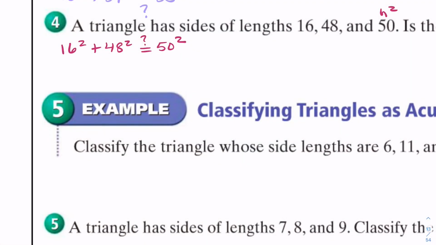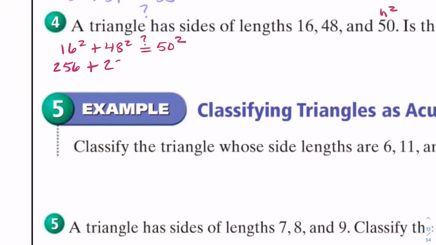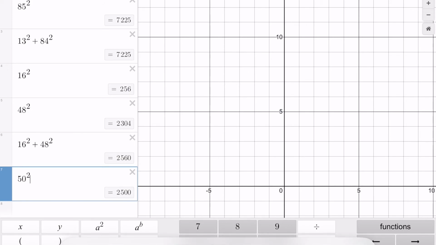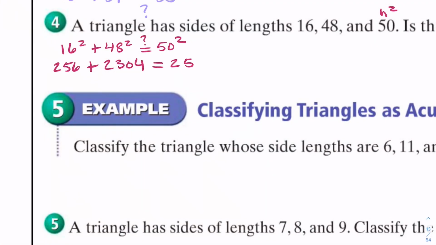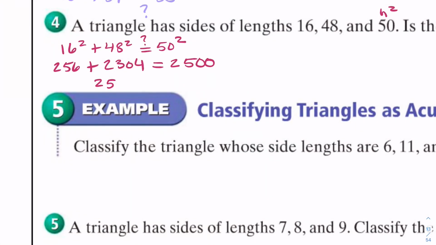So 256 plus 2304 equals 2500? Yep. And so, what do we get? 2560 does not equal 2500.